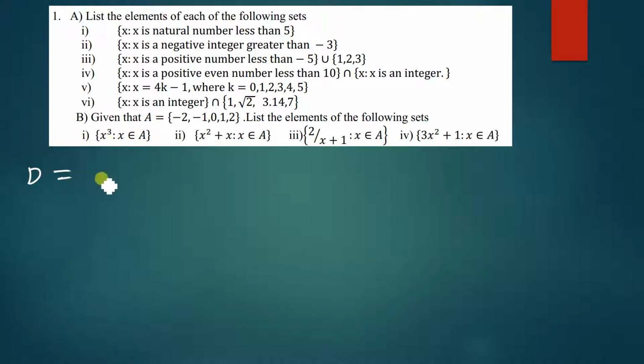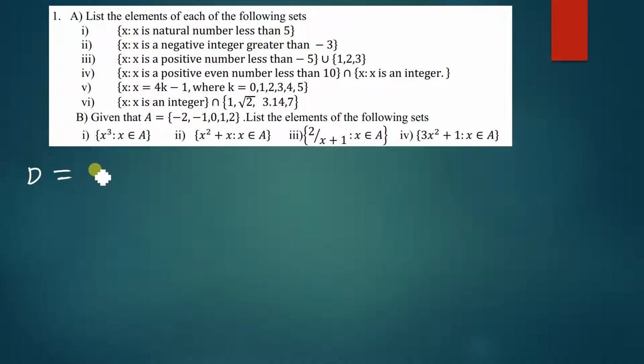So positive even number less than 10, we start from 0. So even numbers, positive even numbers less than 10, and then x is also an integer. So the problem with 0 is that you don't know whether it's positive or negative.